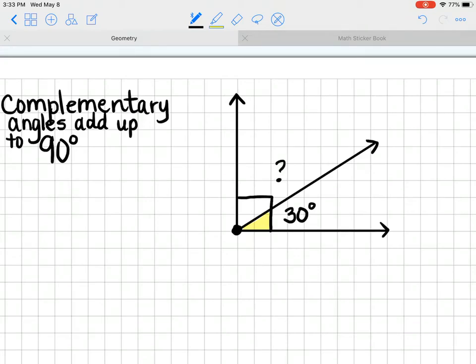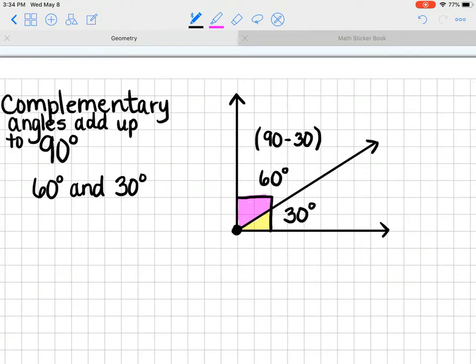How could you find that other part? Well, hopefully, after I show you, you will see that I could say 90 minus 30, and you can use a calculator if you need to, but that is 60 degrees. So maybe this part is 60 degrees. We would say that 60 degrees and 30 degrees are complementary, or they are complements of each other.